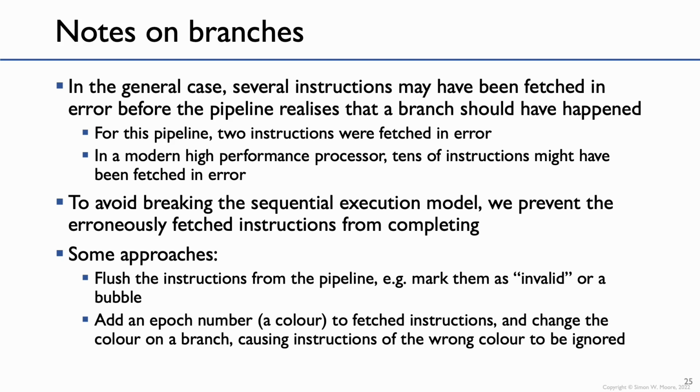And at this point, we also tell write back to ignore any blue instructions. We're now only interested in yellow instructions. And so we can allow instructions that were fetched in error to proceed down the pipeline, but they won't update any state. And that's one approach.